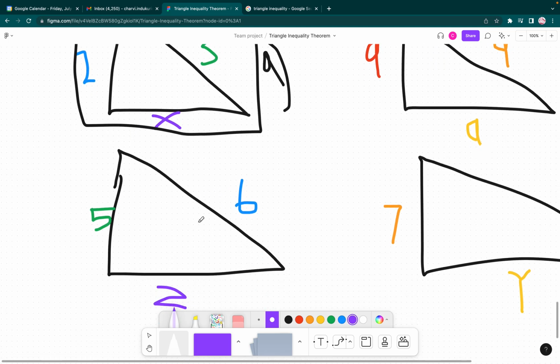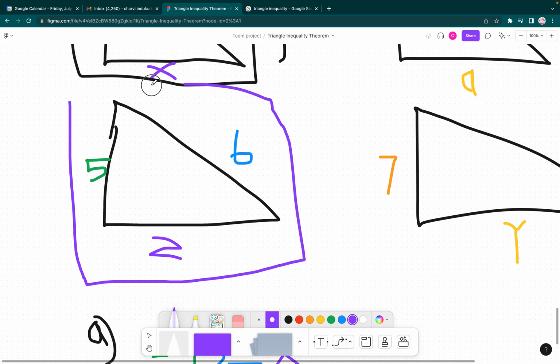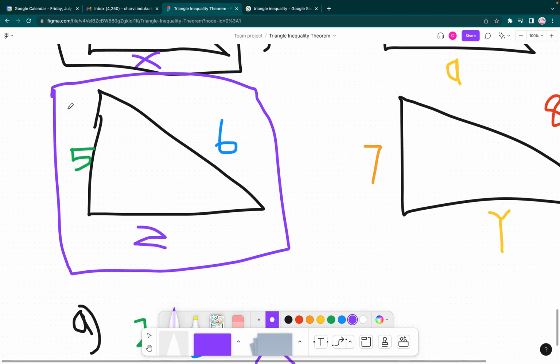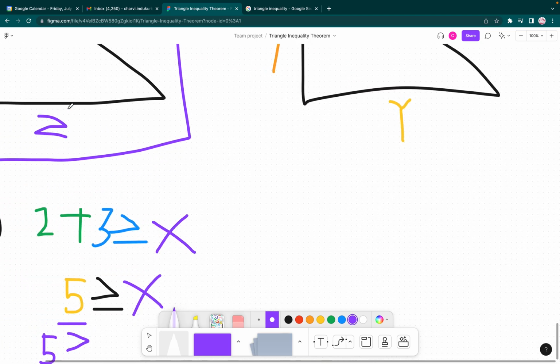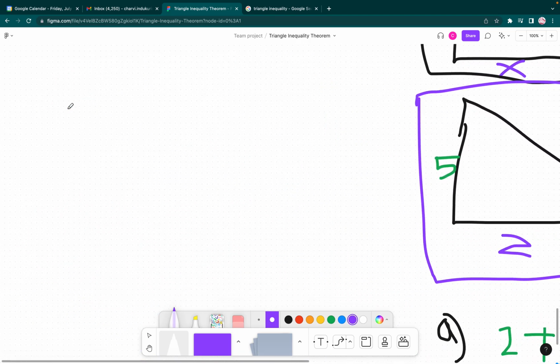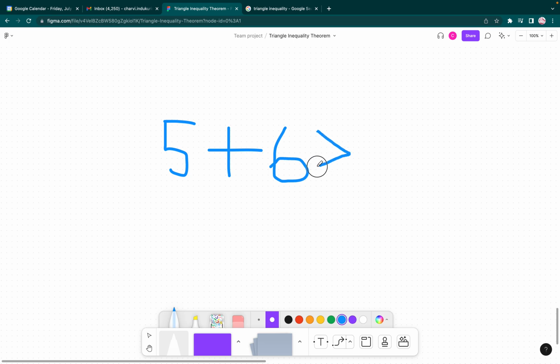Okay, next we've got this one right here. 5 and 6 are the sides we know. Z is the longest side that we don't know. So it's 5, 6, Z. So we've got 5 plus 6 is greater than or equal to Z. I'm just going to change the color of the variable so you know.